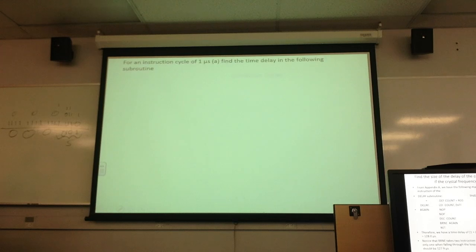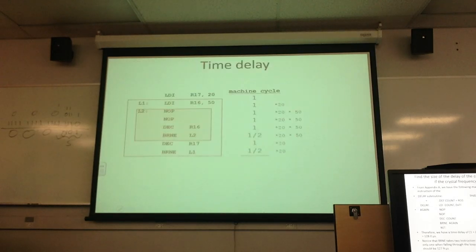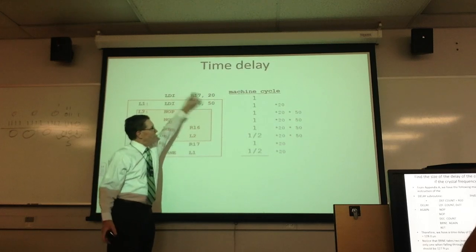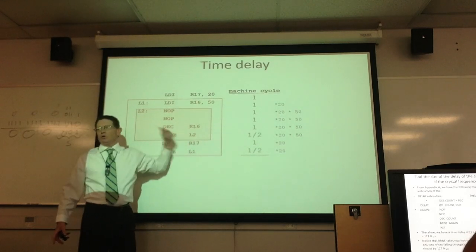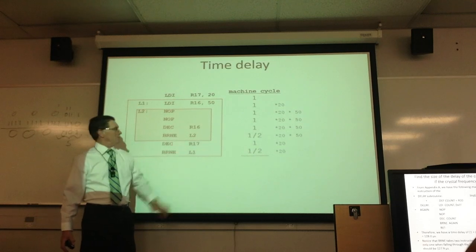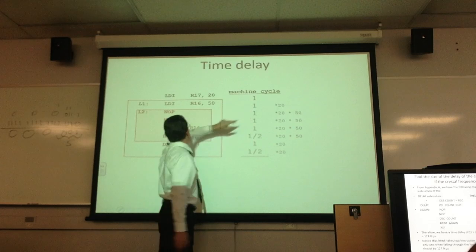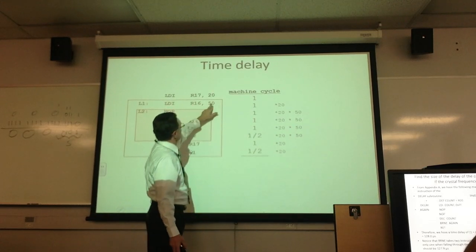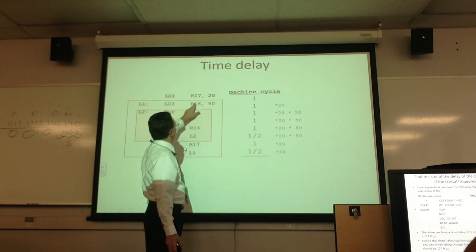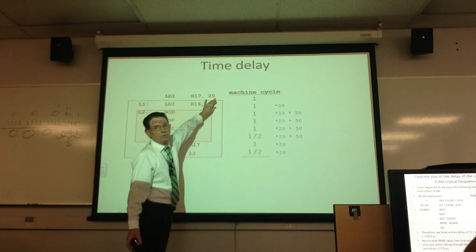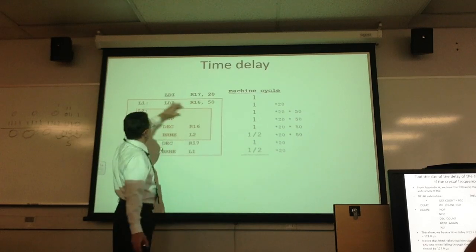Let me just get to, again, this was just another example. Here I have a loop inside of a loop. We're going to do this outer loop 20 times. The inner loop gets done 50 times. So here I come in, I'm loading up a register, one machine cycle. I load this register with 50. However, this L1 is my outer loop, and then I have an inner loop that's going on.